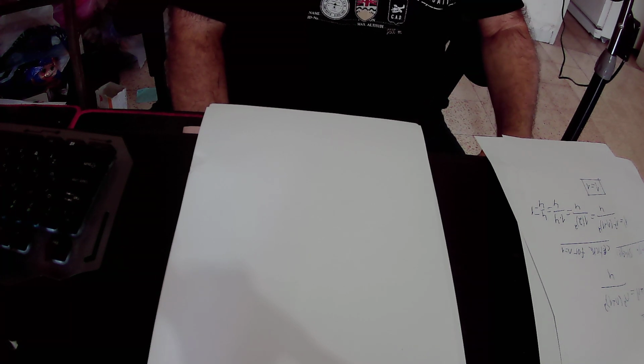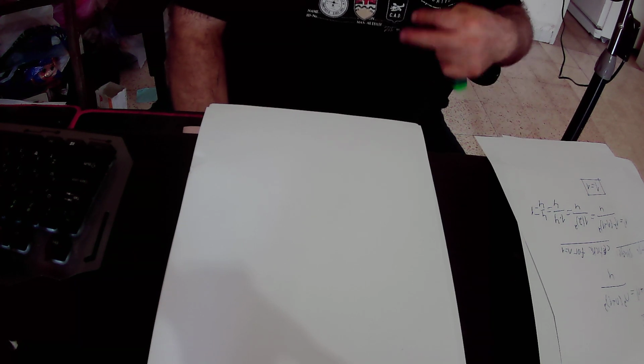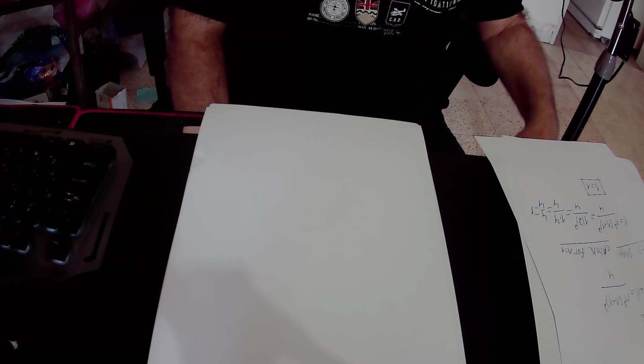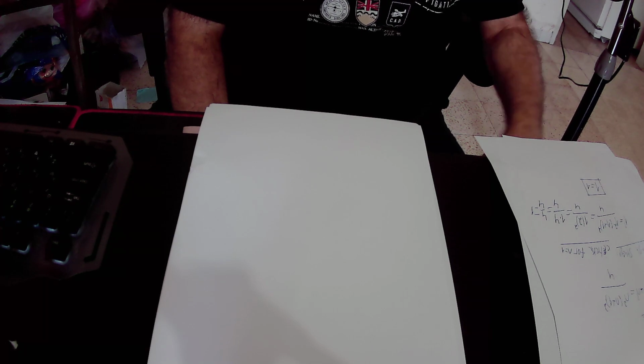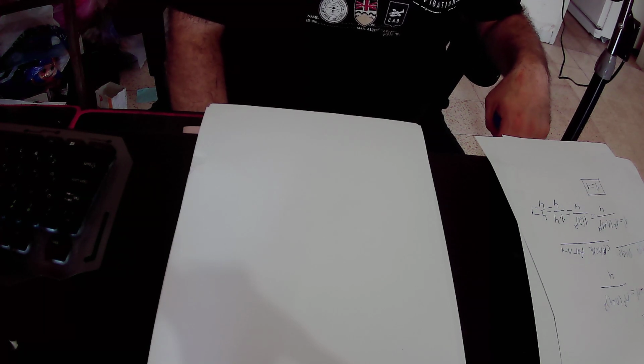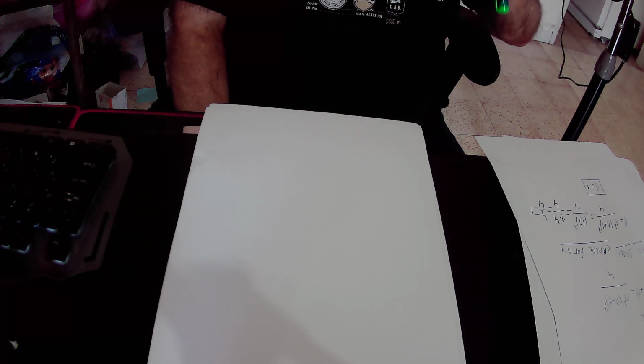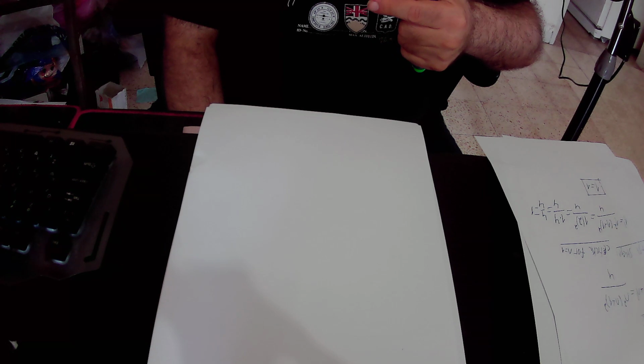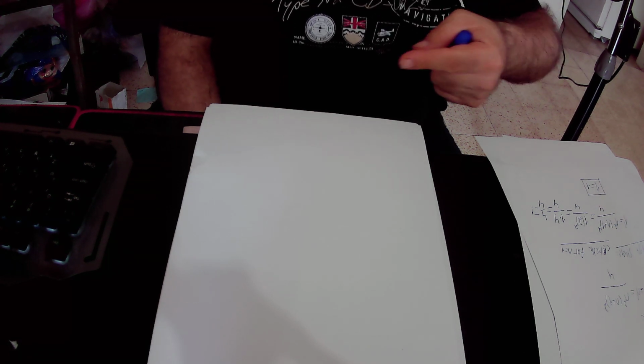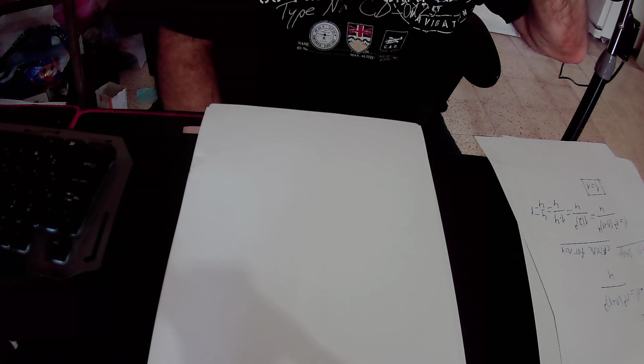And in this way we actually prove that the statement is true for all the natural numbers, and I will explain briefly why. Because in the first stage we proved that the statement is true for n equals 1, and in the second stage we proved that if the statement is true for n, it must also be true for n plus 1.